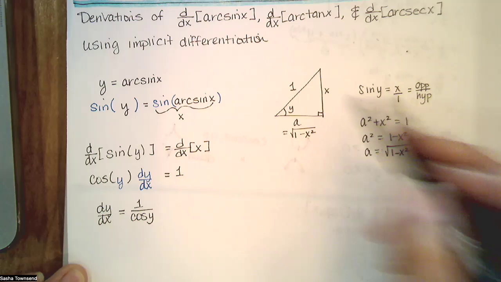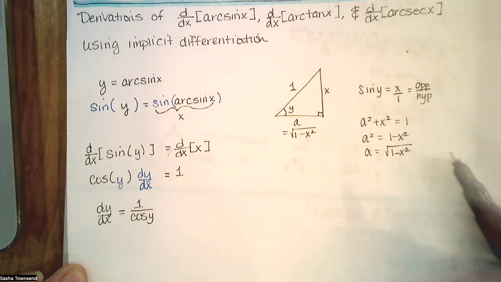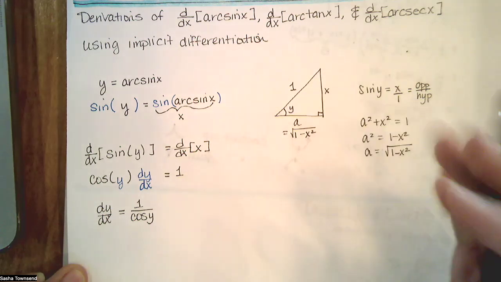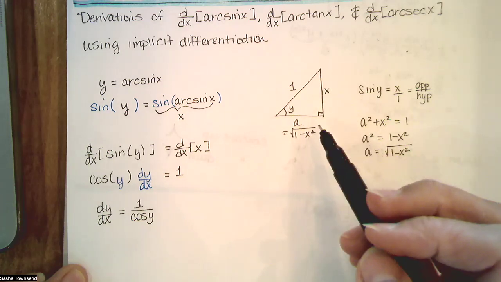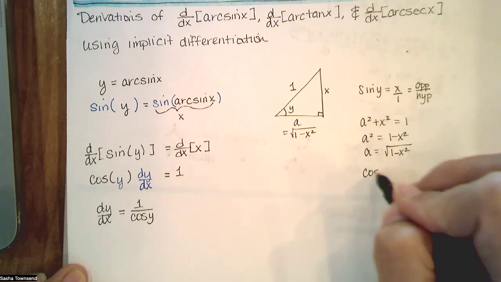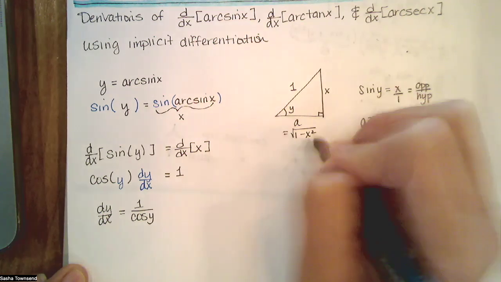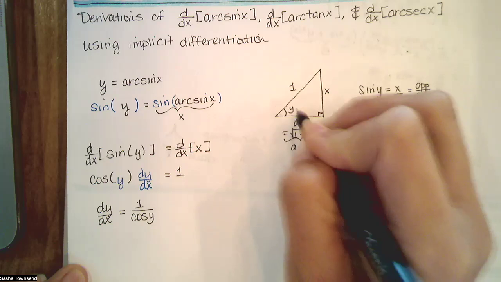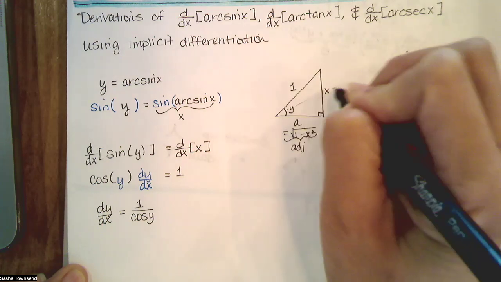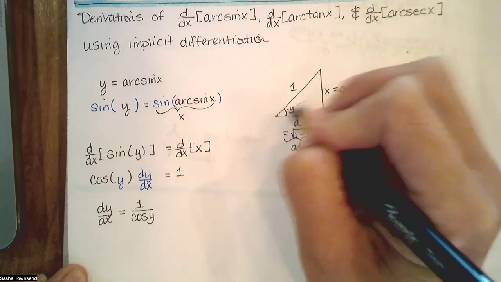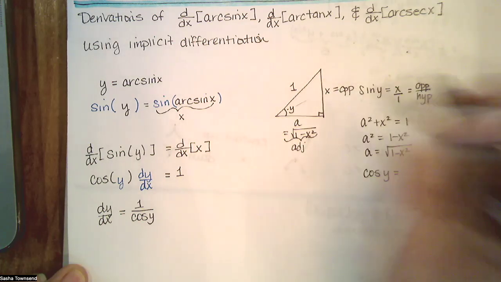Since I know all three side lengths in terms of x, I know the ratio of the side lengths, and I can use this triangle to find the cosine. Cosine is adjacent over hypotenuse. This side is the adjacent side. It's next to y, but it's not the hypotenuse. The side opposite the y in the triangle is the one across from y. That's this one.